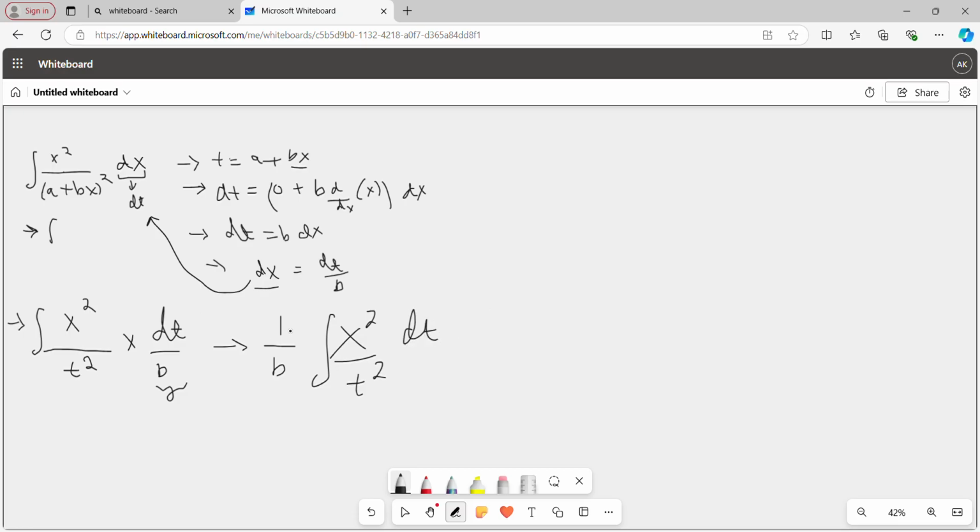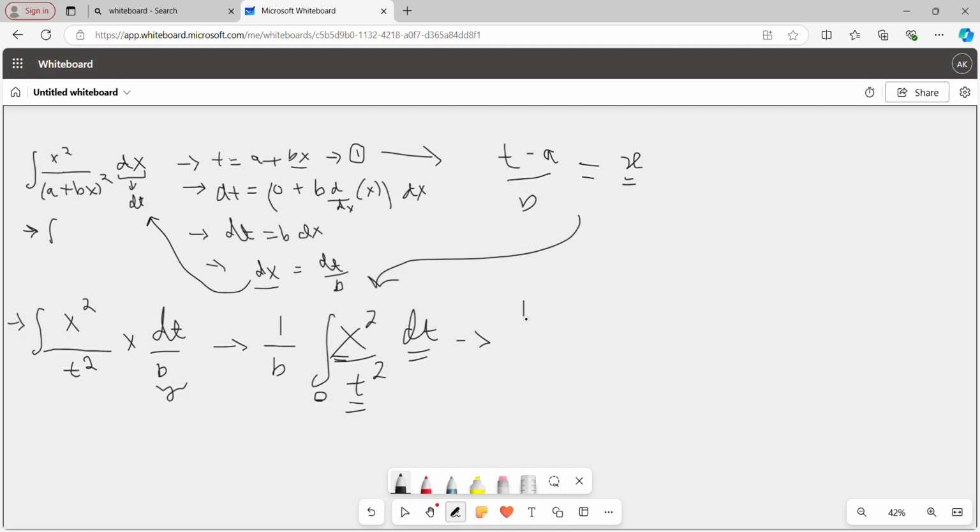Now what's the problem here? We have to write x in terms of t to integrate the whole term with respect to t. So let's go back to our first equation. We can see t minus a by b is equal to x. Let us put this x into the new term.